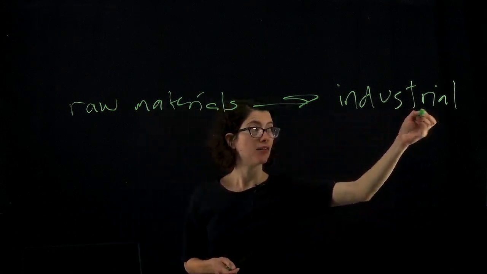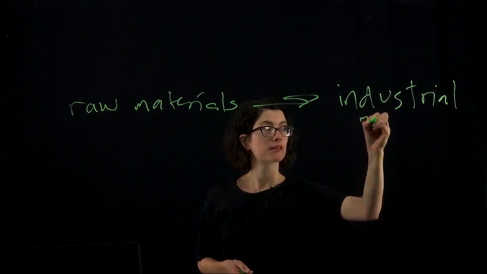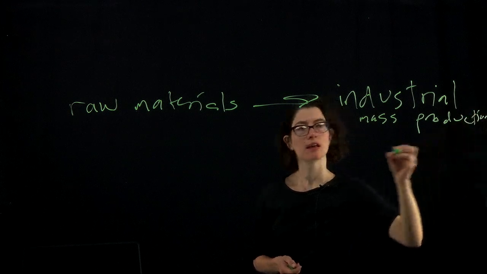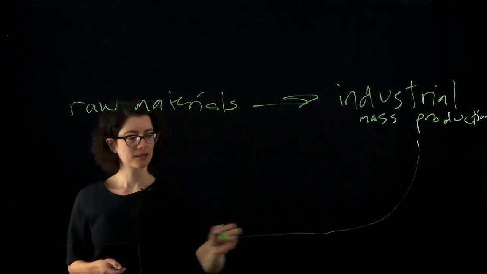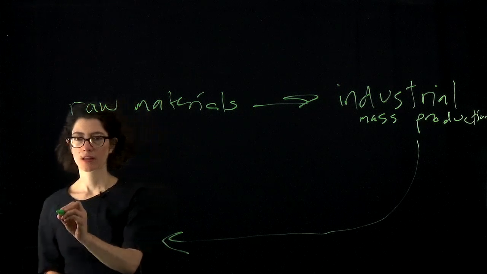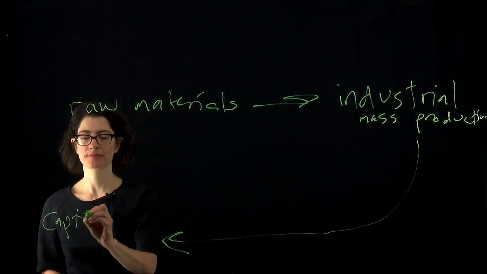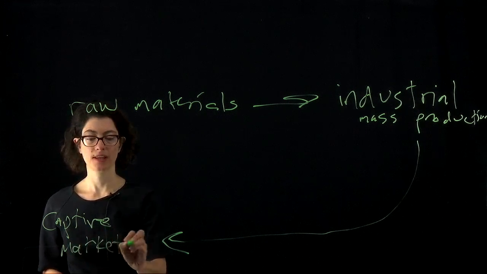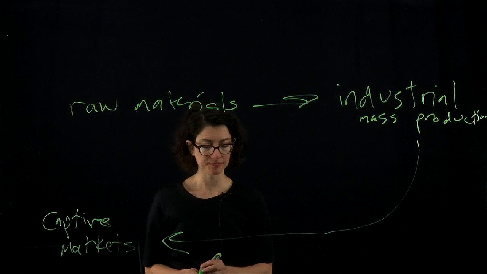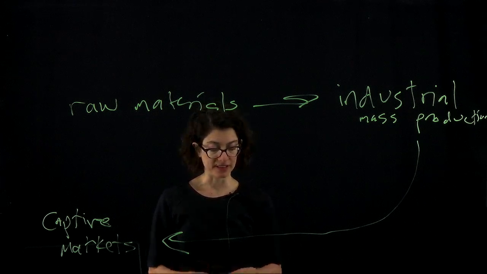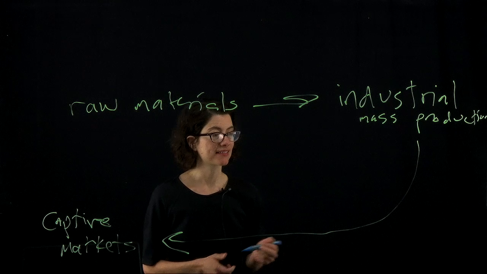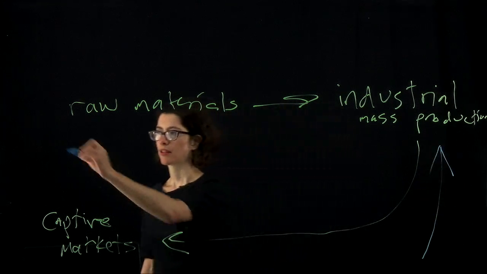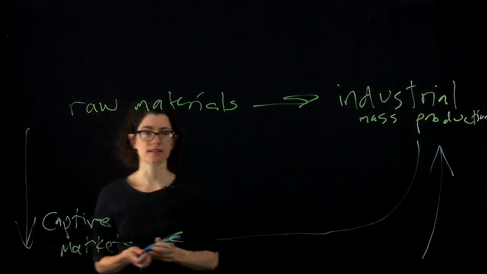The products of the Industrial Revolution and its mass production are then shipped back to the colonies, which become captive markets for goods produced in Europe and the United States. The result of this is that as standards of living increase here in the metropole, they decrease in the colonies.